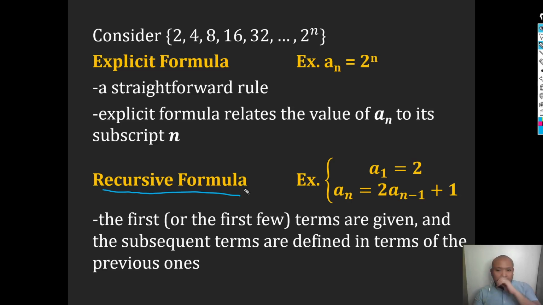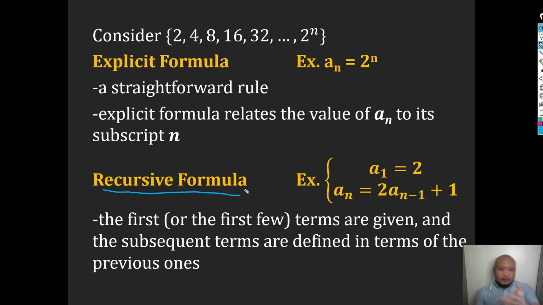Now again, paano gamitin ang recursive formula? Kailangan alam mo ang first term or first few terms. That's condition 1. And condition 2, you should be able to know what to do with those terms and how they are related to the succeeding terms.